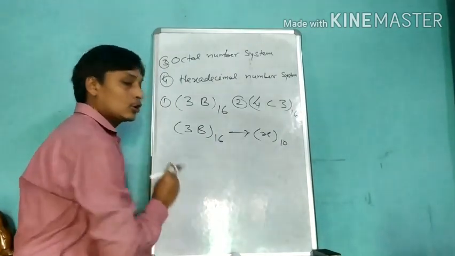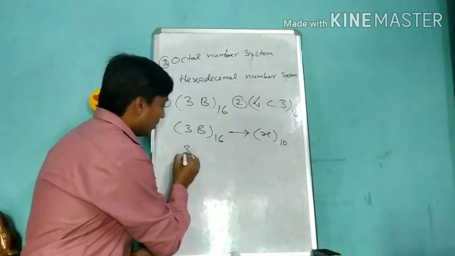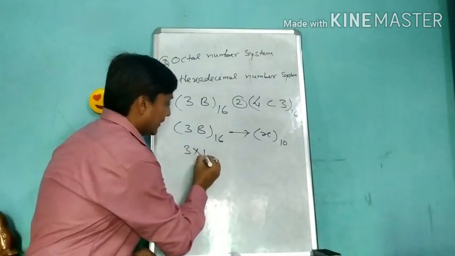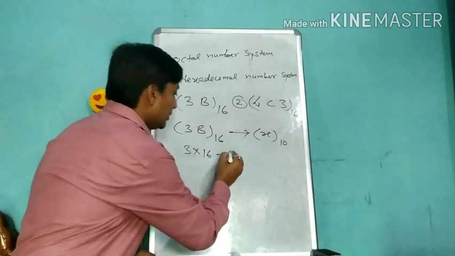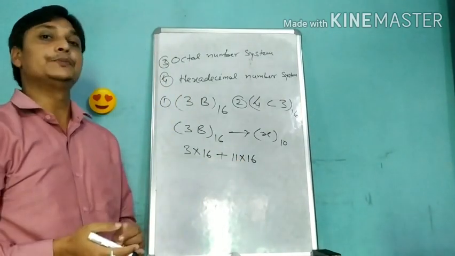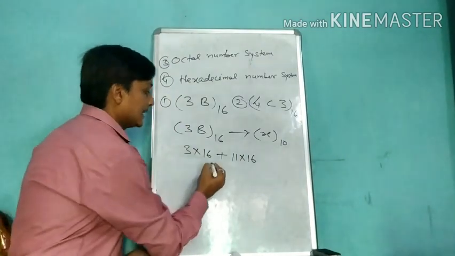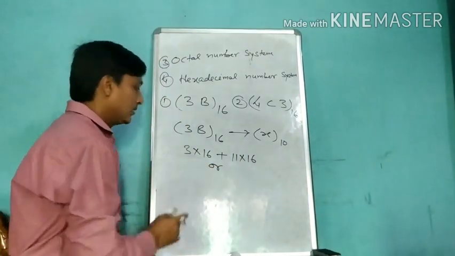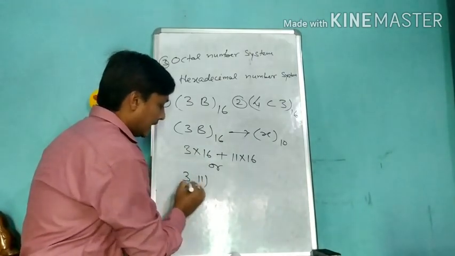Otherwise you can directly solve. Directly solving means 3 into 16 plus, and the value of B is 11, so 11 into 16. Or you can take one step also. How? 3 and B, the value of B is 11, like this.